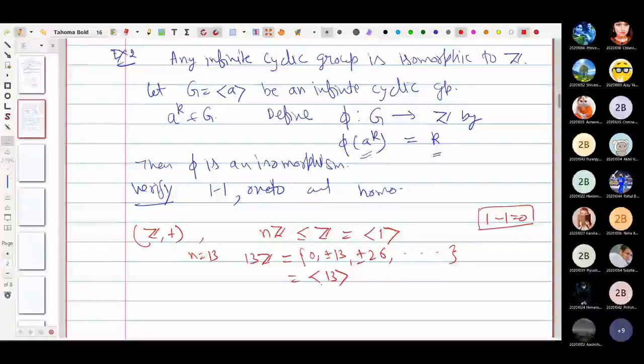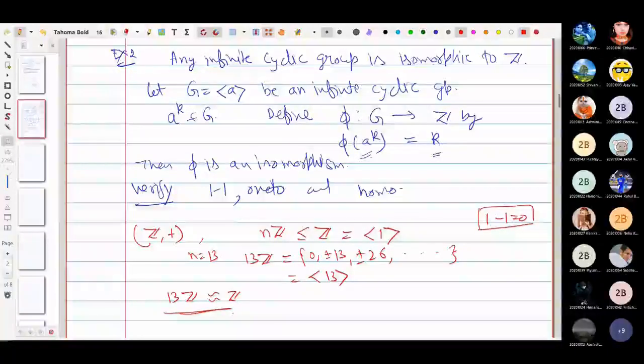So this 13Z is also isomorphic to Z. Both have the same number of elements, and the properties of each element of 13Z are the same as the elements of Z have.